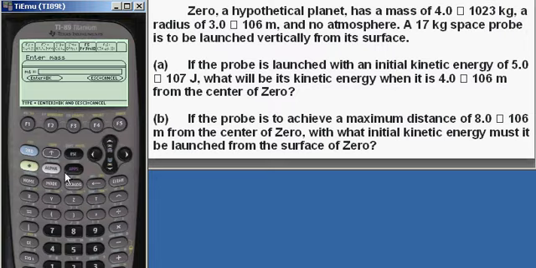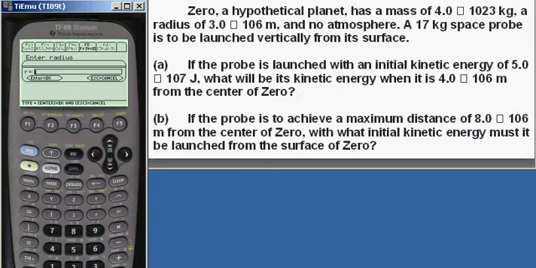Enter the mass again, alpha 4 times e to the 23rd kilograms. Probe mass is alpha 17 kilograms.